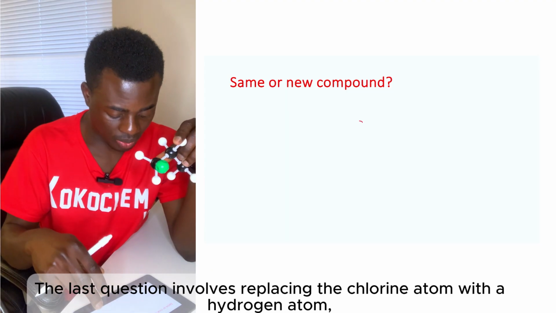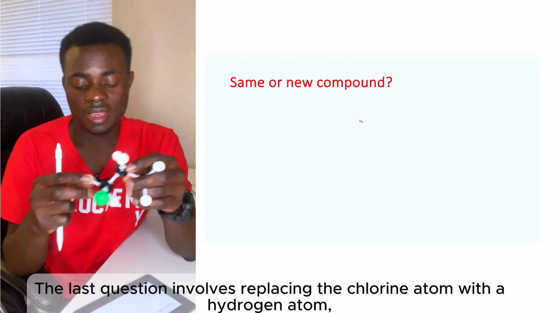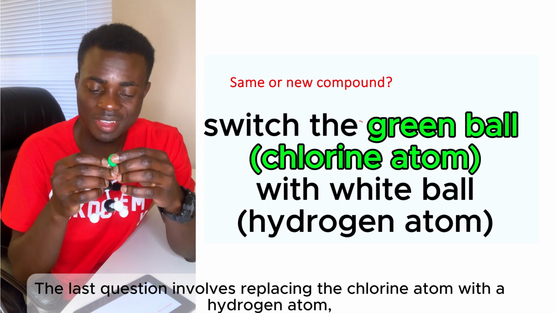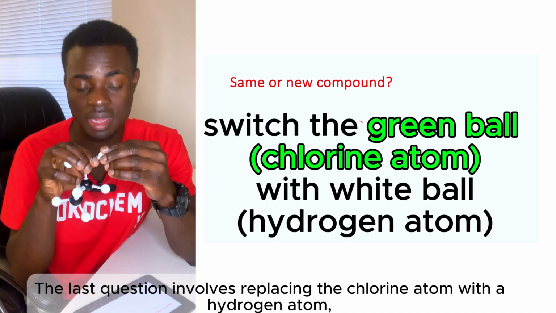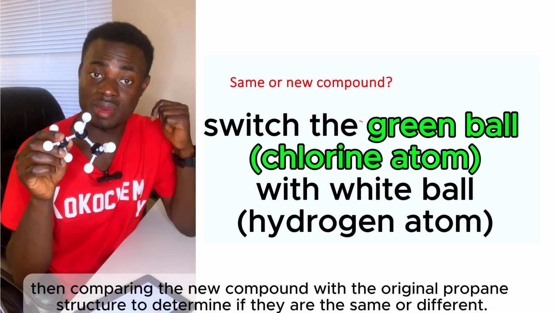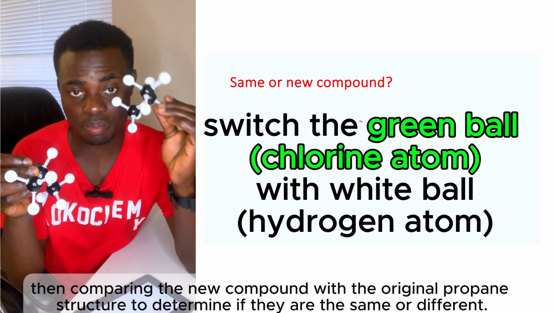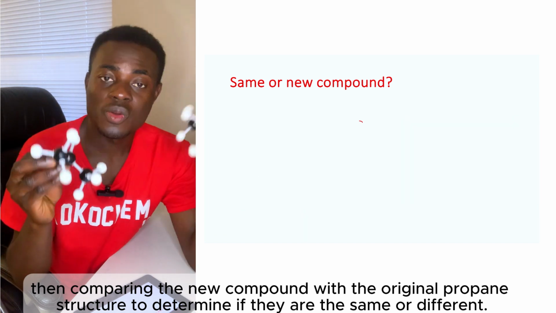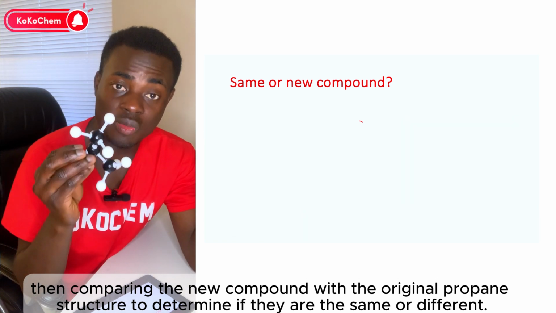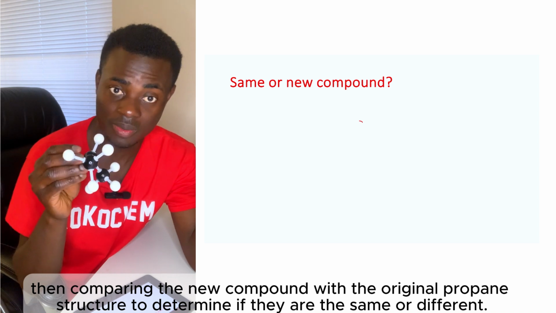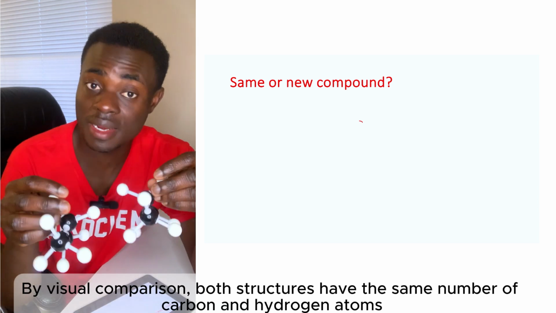So the last question says, if you switch this guy, which is the chlorine, with hydrogen, now compare it to the former compound, propane. So this is the previous propane compound, and this is the new one, where the chlorine has been switched with hydrogen. Then compare whether they are the same.